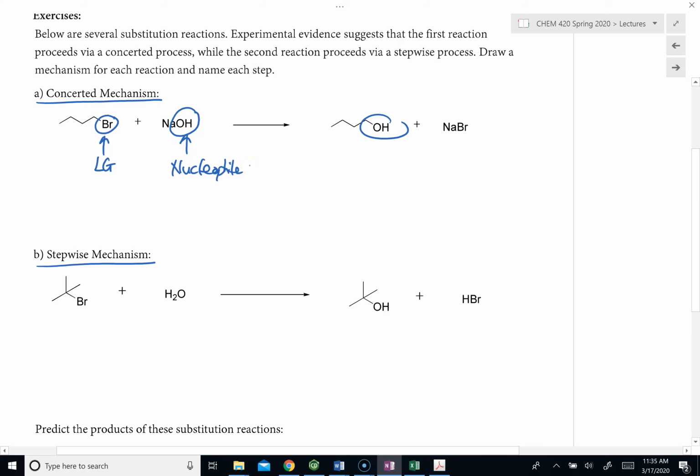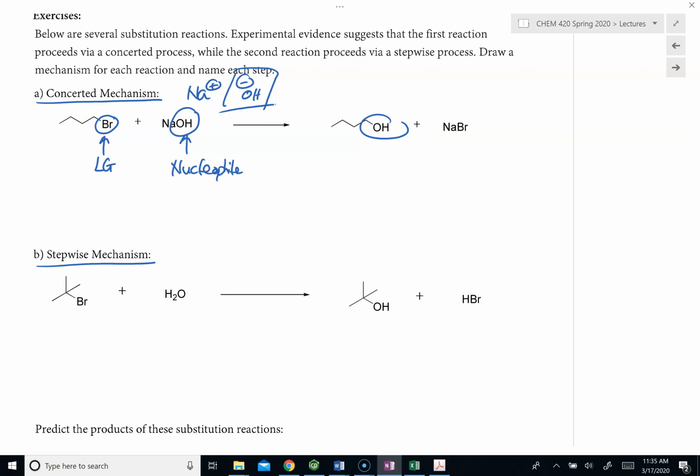Now we can go ahead and ignore the sodium because this is an ionic compound. When we dissolve this in solution, the sodium and the hydroxy group simply break apart, and that is our nucleophile right there.